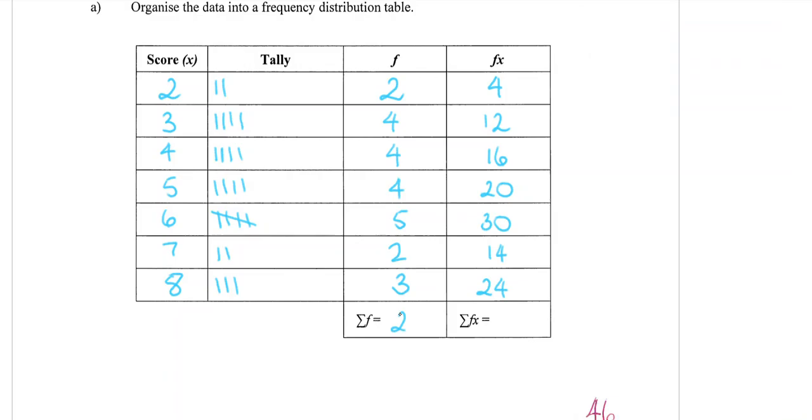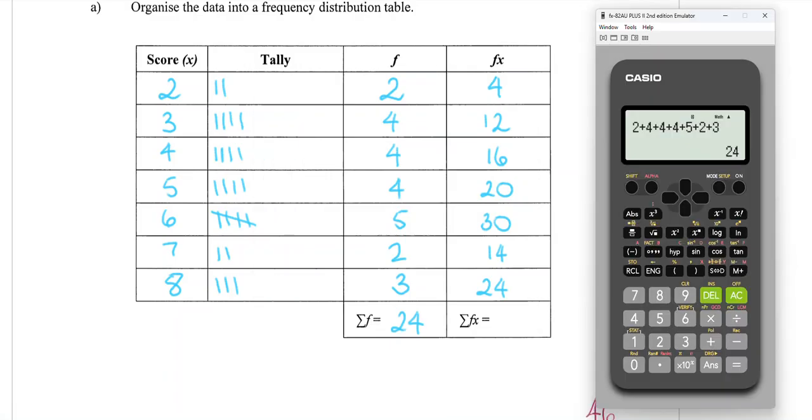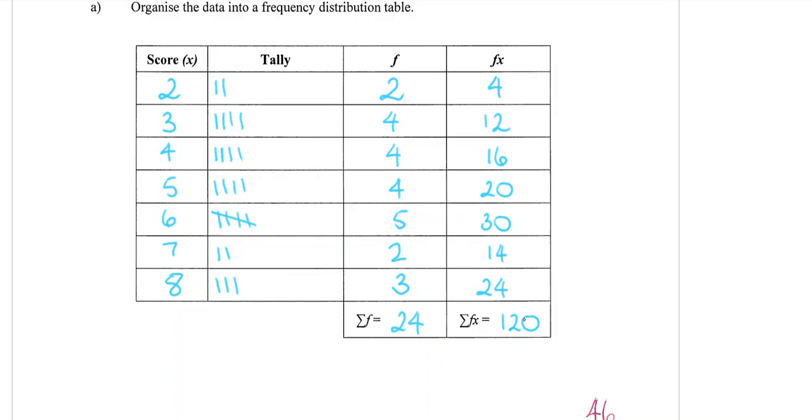There we go, good job. Now we want to do the same thing to the fx column, add them all up. 120, was it? Wow, I'll just trust you on that. 120, did you get it right? You got 120. So 4 people got 120, so that's a good sign. Maybe you missed one.